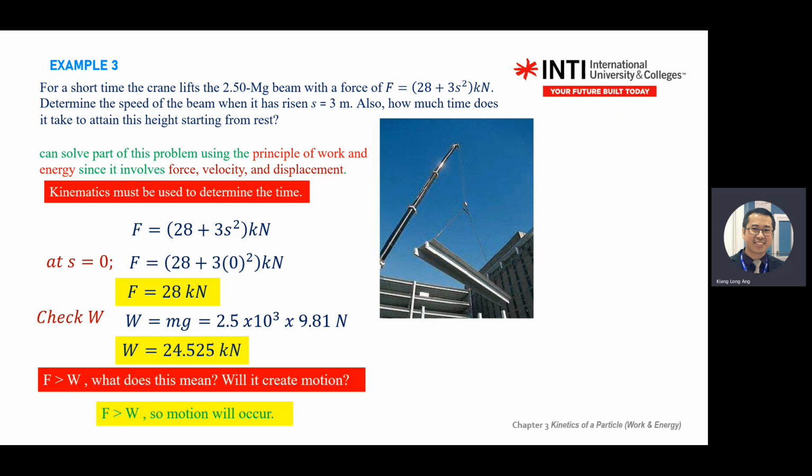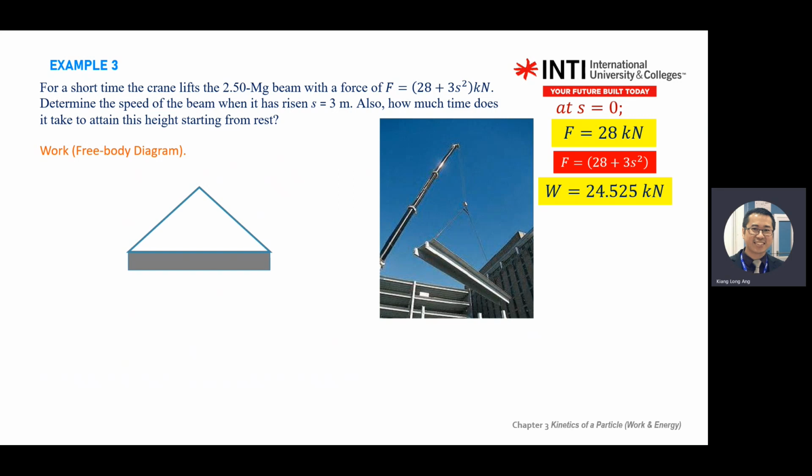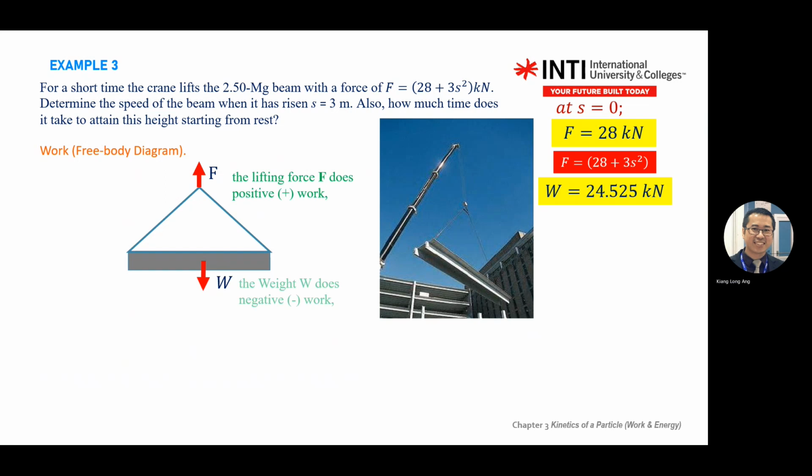Okay, so free body diagram: we draw the body with the two ropes there, force pulling up from the crane, weight pulling down. The displacement goes up, right? Force creates positive work because the directions are the same.